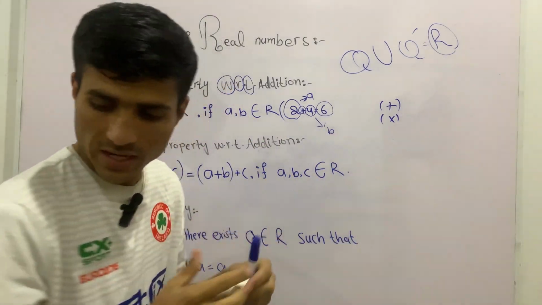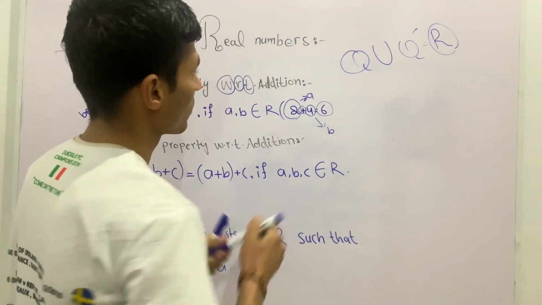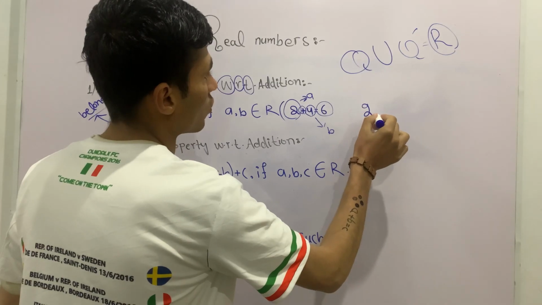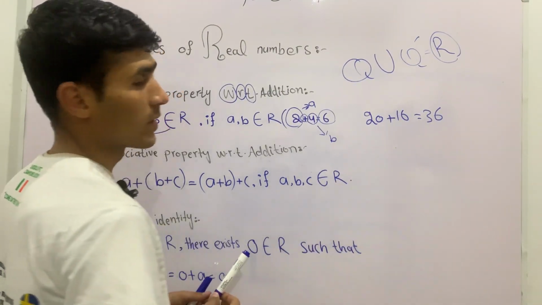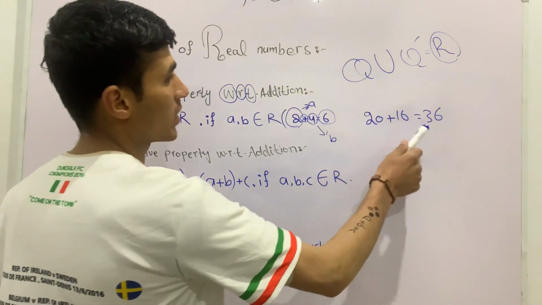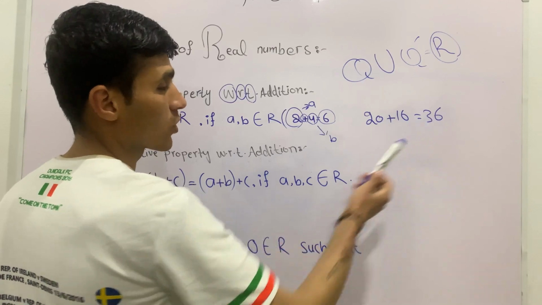Look at the next example: 20, which is chosen for you, 20 plus 16 equals 36. Two real numbers again give a real number.